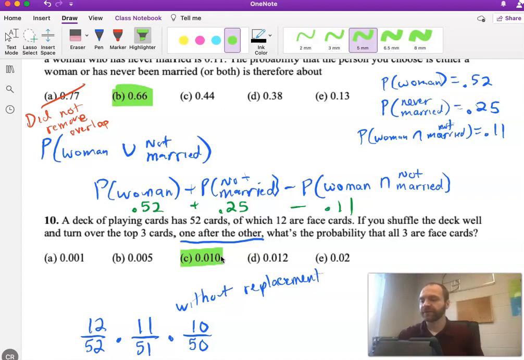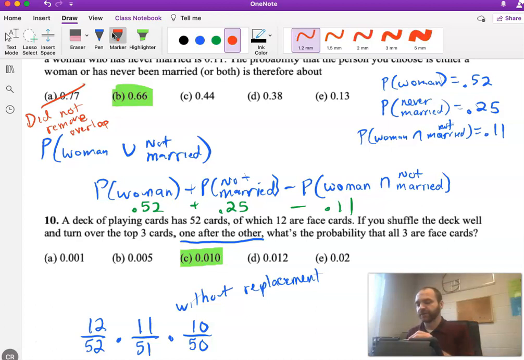Now what I'm doing over here with my calculator, I forgot to check this before, but I'm going to assume I'm right because that happens quite frequently: I do 12 cubed divided by 52 cubed. Why am I doing those numbers? I'm pretending there is replacement.